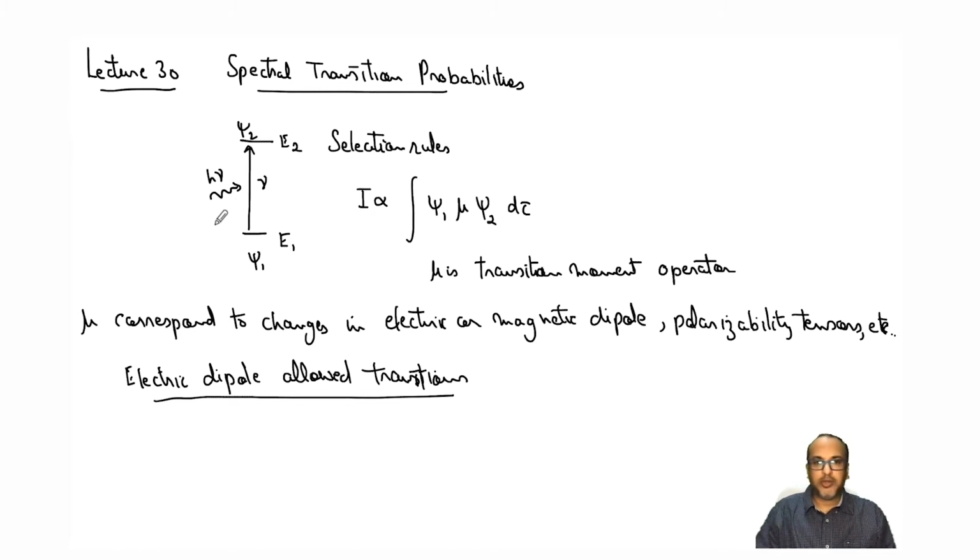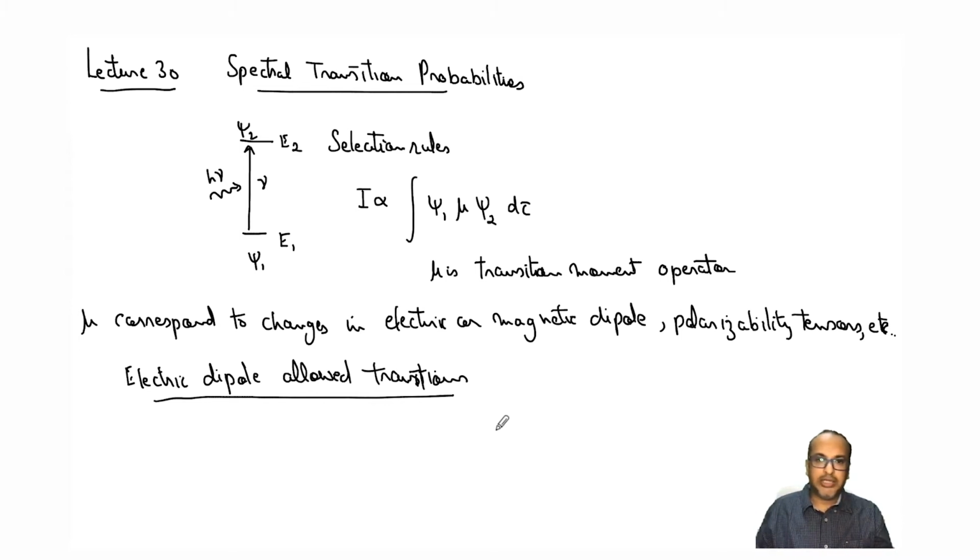If this electric dipole can interact with the oscillating electric field vector of the electromagnetic radiation, and that interaction leads to either absorption of energy by the system or release of energy by the system, then we say that a transition has been carried out. There is a change in the dipole moment because of the applied frequency, right?